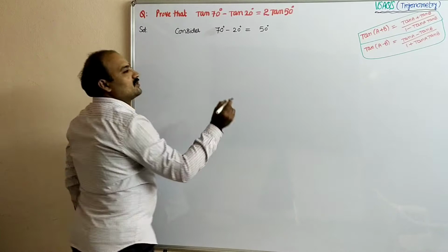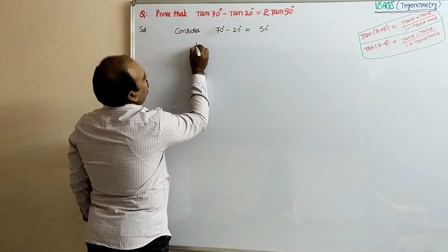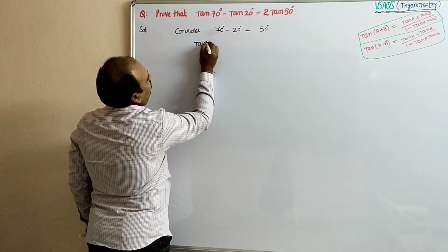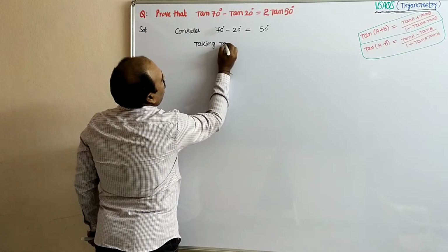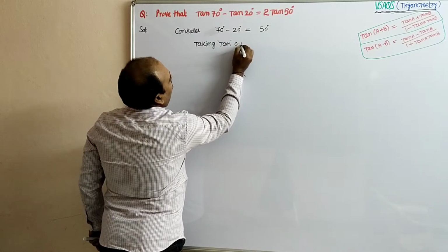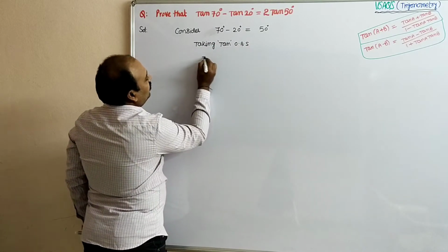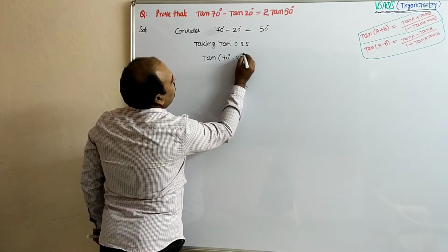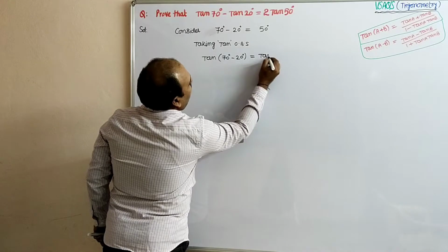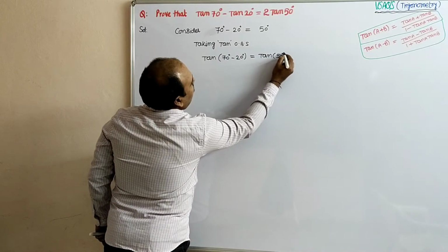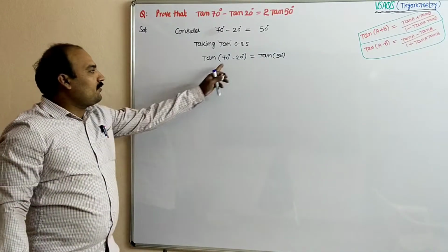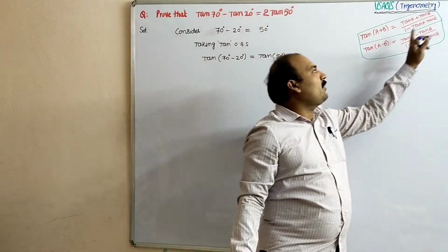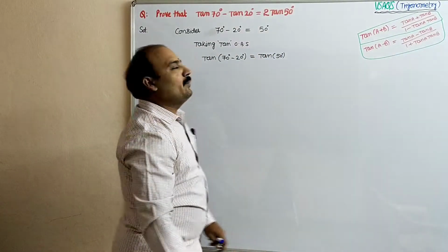Taking tan on both sides, applying tan on both sides. So tan of 70 degrees minus 20 degrees is equal to tan 50 degrees. Tan of a minus b formula: tan a minus tan b by 1 plus tan a tan b.